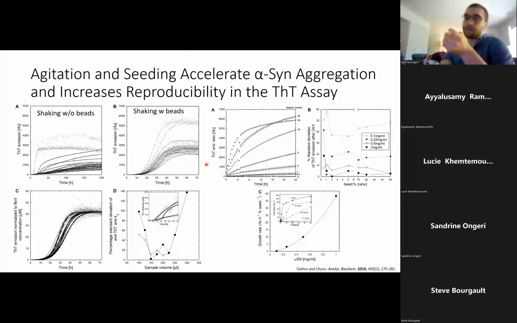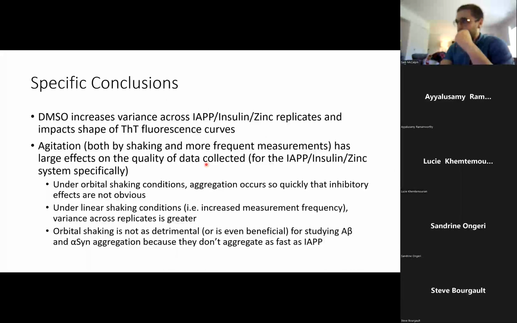You're going to probably have to optimize for each experiment that you're doing, unfortunately. So I can make, at least in my hands, some specific conclusions about the system I was working with, the IAPP, insulin, and zinc, saying that we probably don't want to use the organic solvent, and that agitation has a pretty significant effect on the variability in the data we collect.